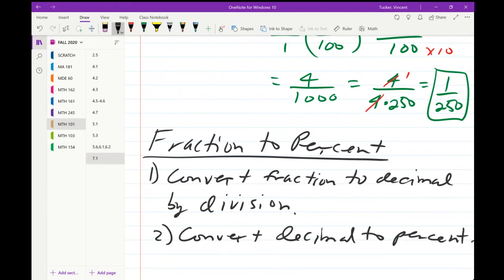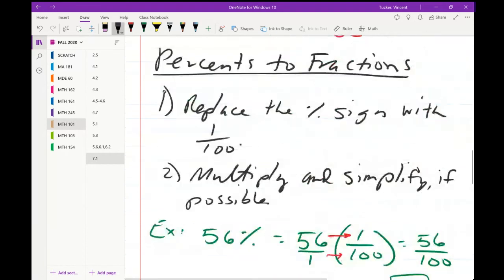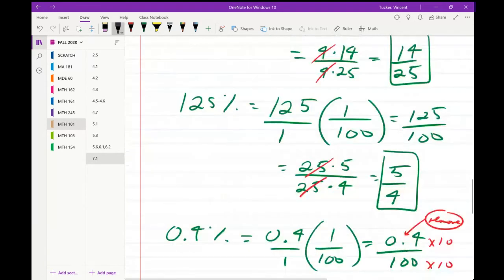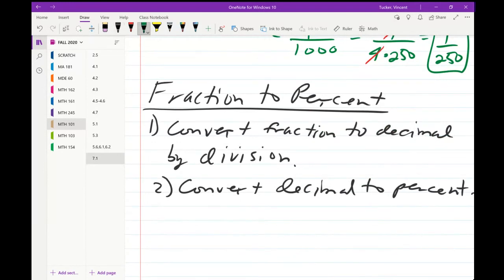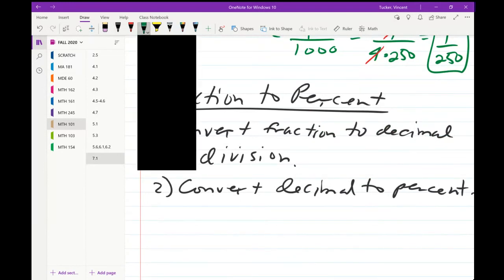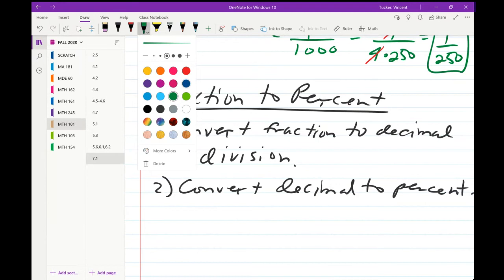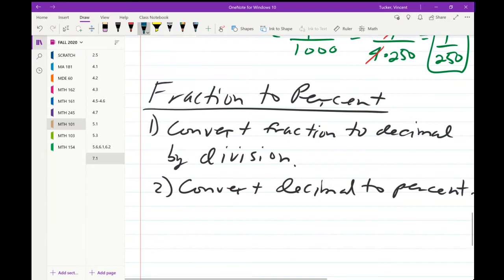All right, so fraction to percent, we're going to convert the fraction to decimal by division. Then we'll convert the decimal to percent. All right, so if I have 3/5, same thing as 3 divided by 5.